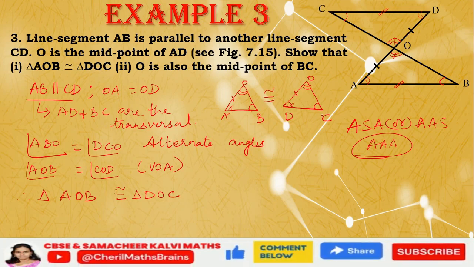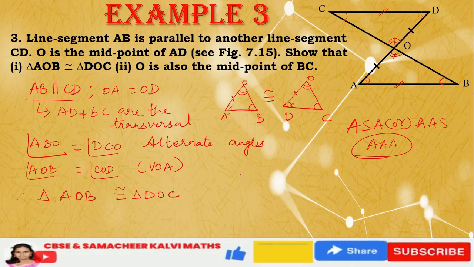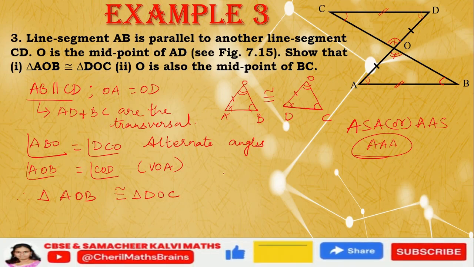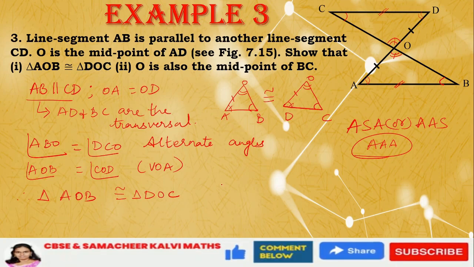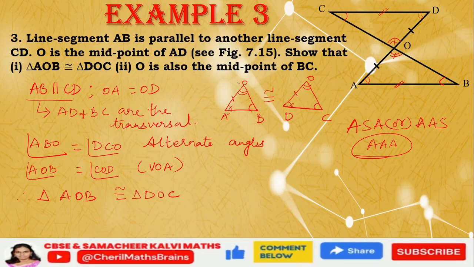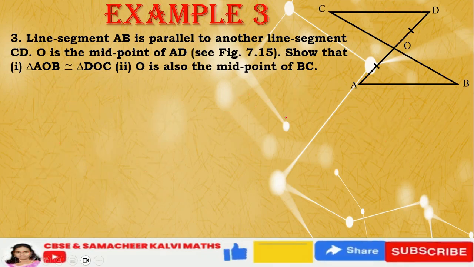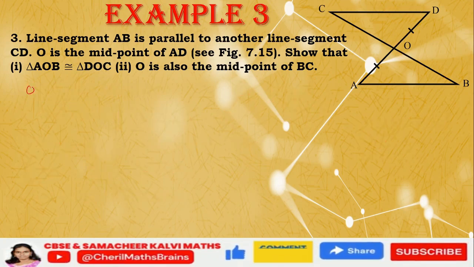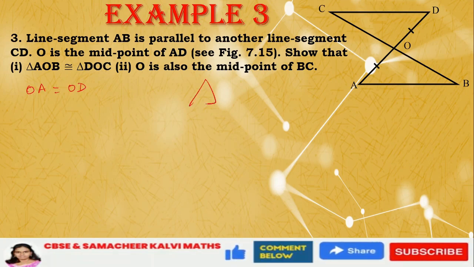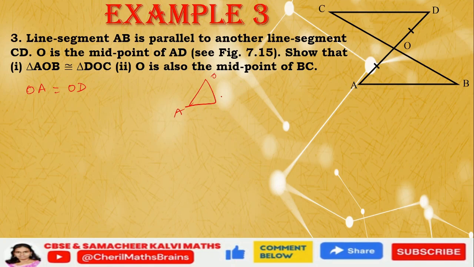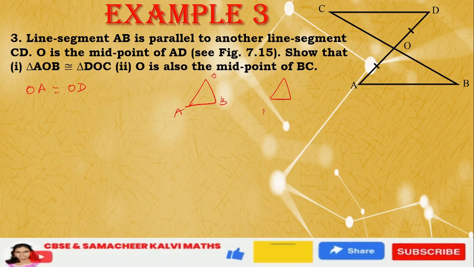If these two triangles are congruent, then the sides are also equal. We already know OA is equal to OD. Now we also get that OB is equal to OC, since triangles AOB and DOC are congruent.